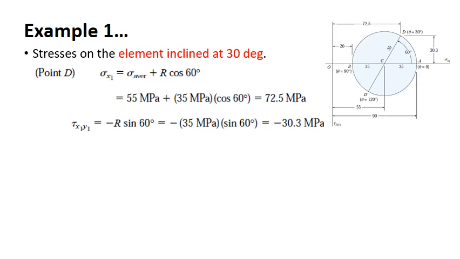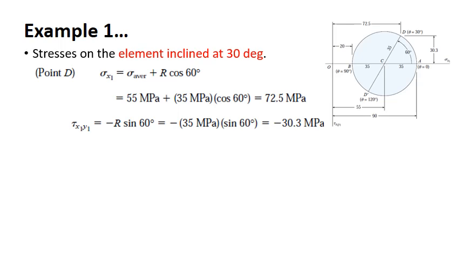The coordinates of D are actually the state of stress acting on the element inclined at 30 degree, right? So what is the x coordinate? The x coordinate is simply OC, that is sigma average, plus R cos 60, right?